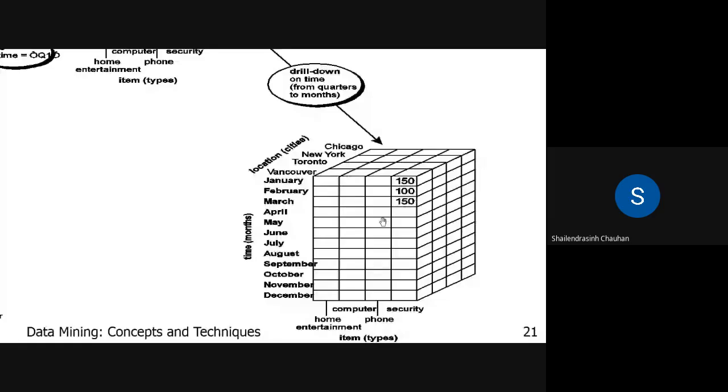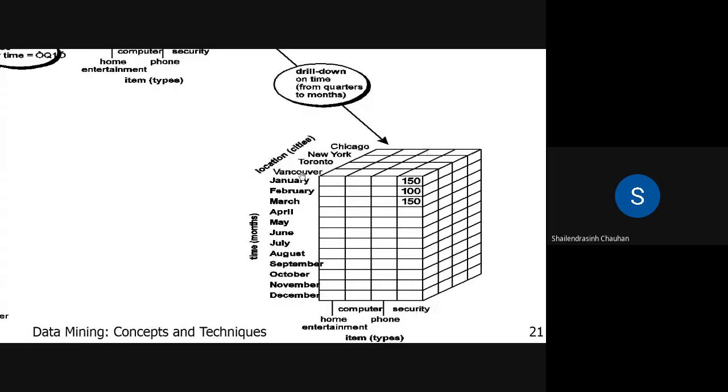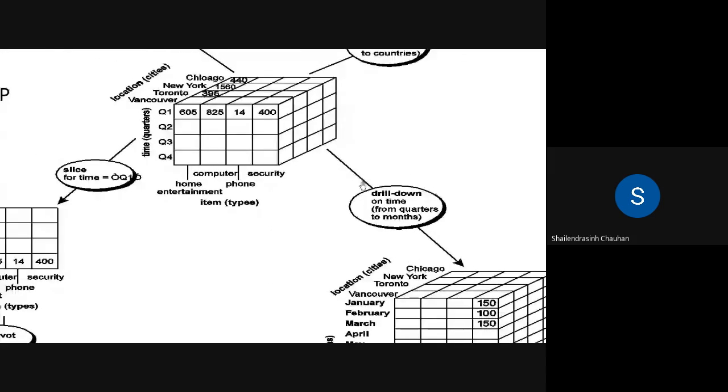The same things are divided now. Previously it was combined, now it is divided. The first quarter contains January, February, March, so for Vancouver city it is divided month wise: January 150, February 100, March 150. If you combine it, you get the same count, 400 again.